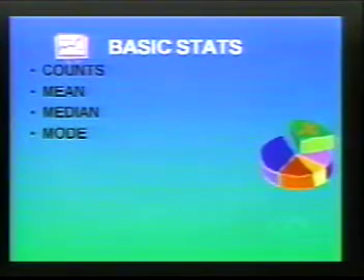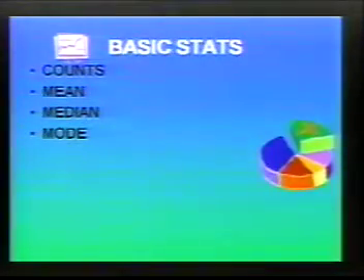The median, in contrast, you have to have a list of all the scores. You arrange the scores from highest to lowest or lowest to highest, and the median score is the one that is physically in the middle of the list. So if you had 5 scores, 1, 2, 3, 4, 5, 3 is right in the middle of that, so that would be the median.